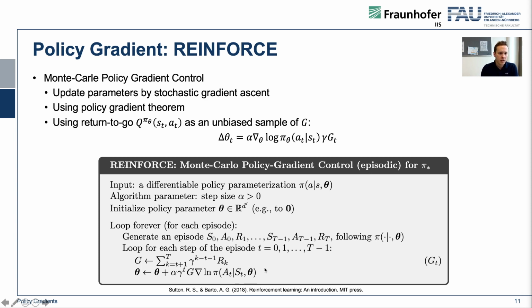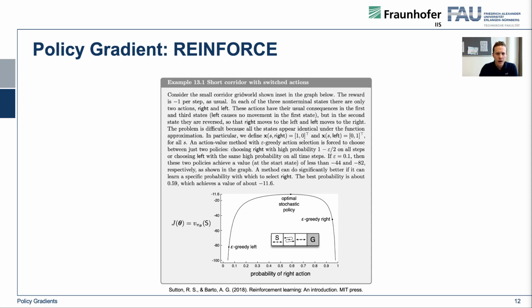So this is the simple version. It puts everything that we have seen in the last slide into an algorithm, and in only a few lines of code you can do this. Now let's see how REINFORCE actually works in practice.